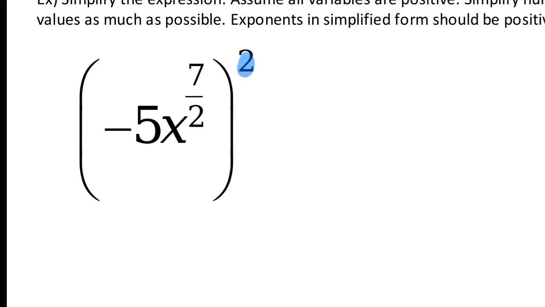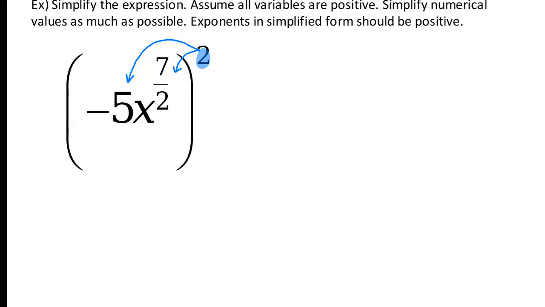All right, again, the rule here, I have a product raised to a power. So I have to distribute the power to each portion. Take the 2, distribute it to the negative 5, and then take this x to the 7/2 raised to the second power. Okay? Distribute the exponent.